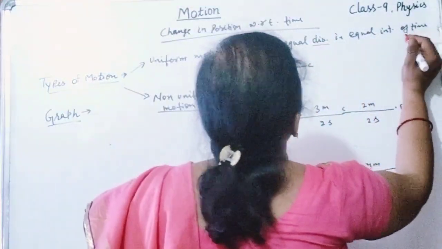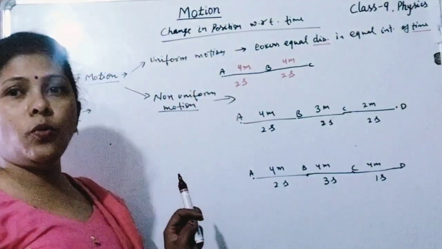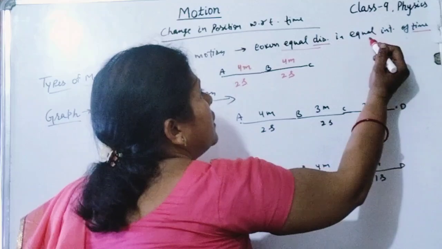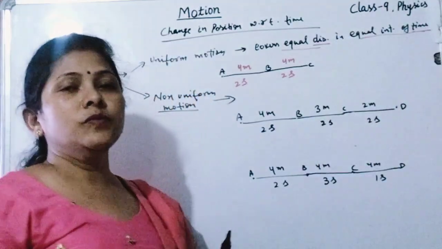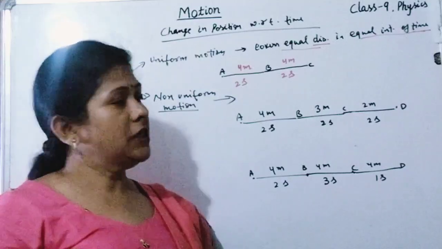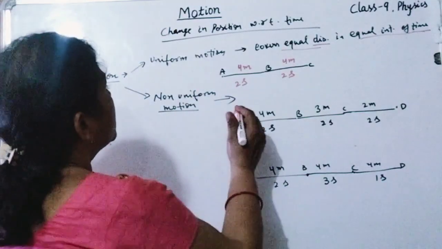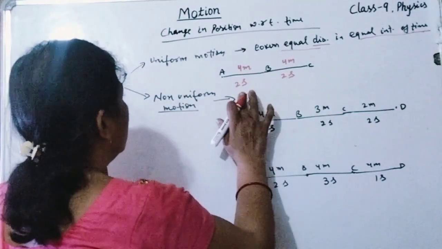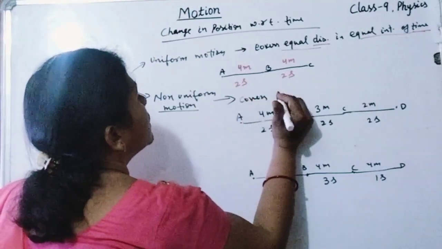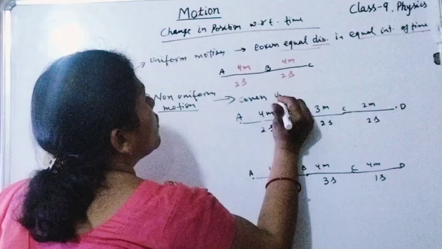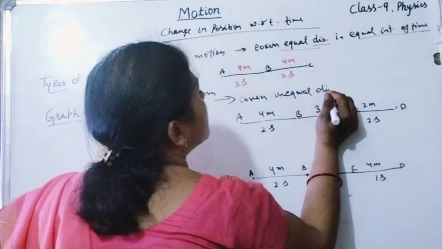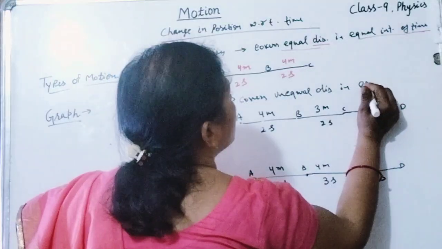Distance and time both are equal. So such type of motion is uniform motion. In non-uniform motion, the object covers unequal distance in equal interval of time.